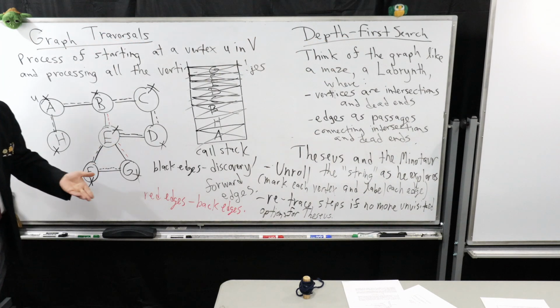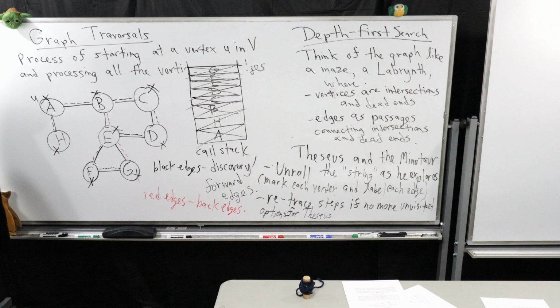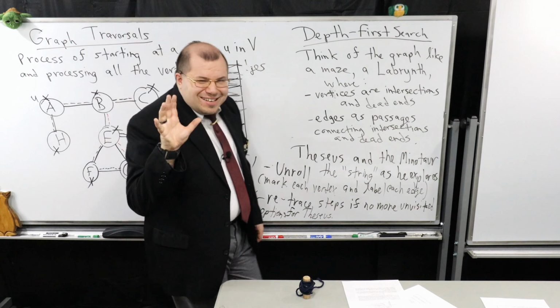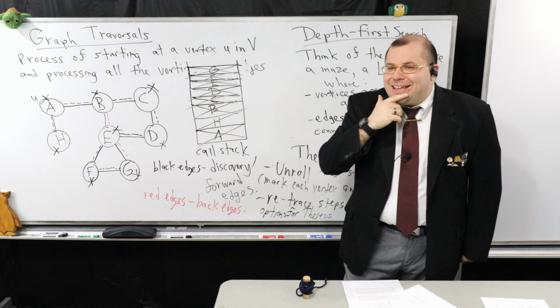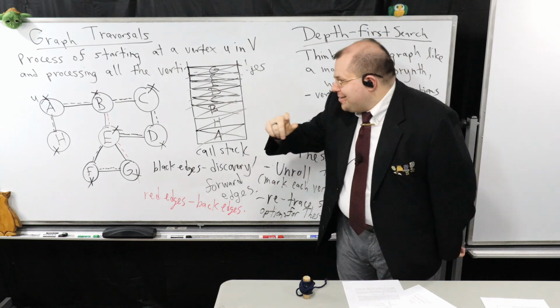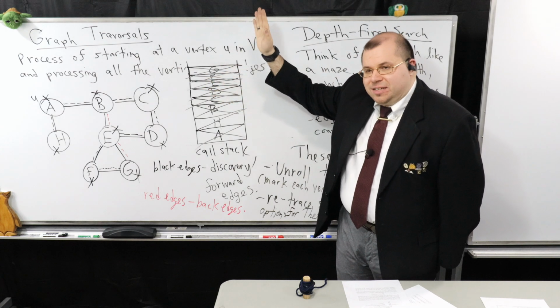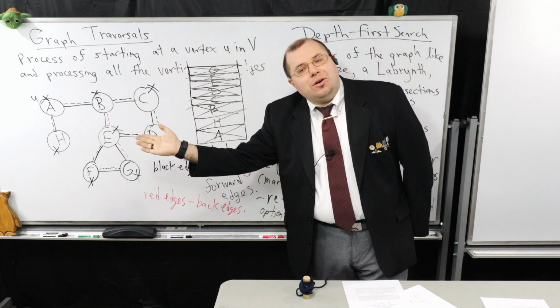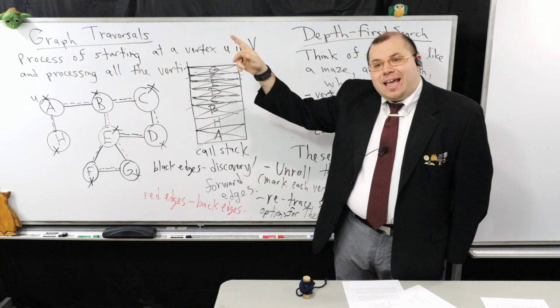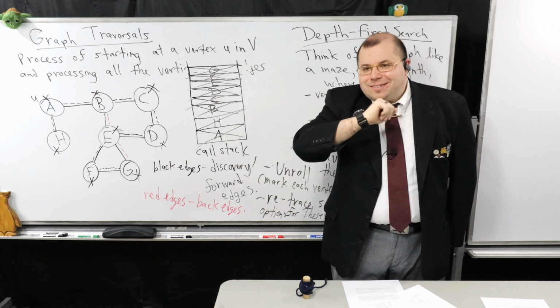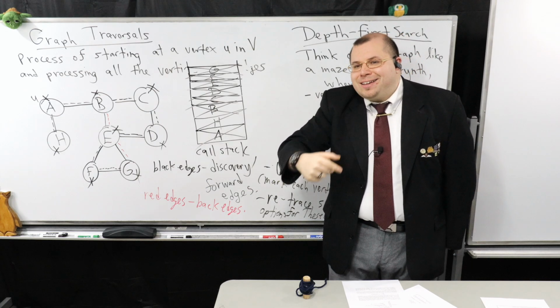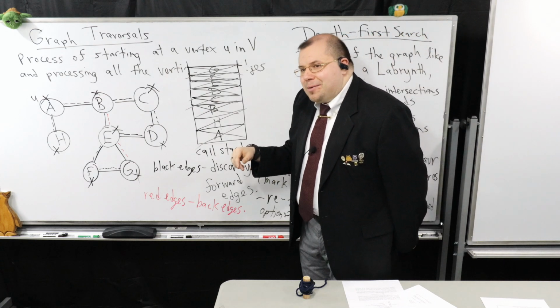So that leads me to talk about the algorithm itself. First, does everybody sort of get a feeling for what the algorithm might look like? Notice that every time I mark the vertex, then I start considering all of my incident edges. So you'll have a loop that's going to examine each one of my incident edges.